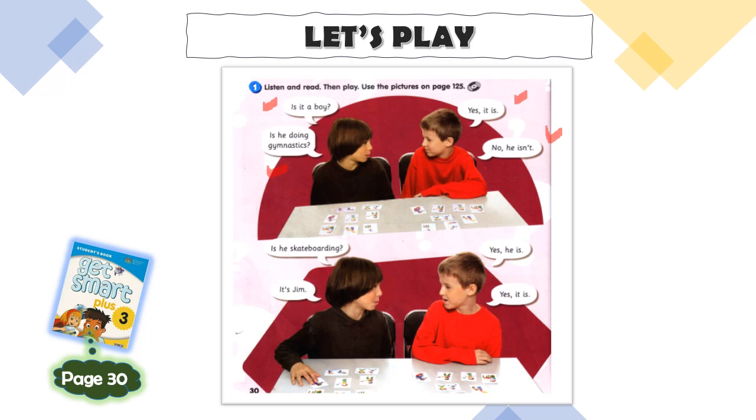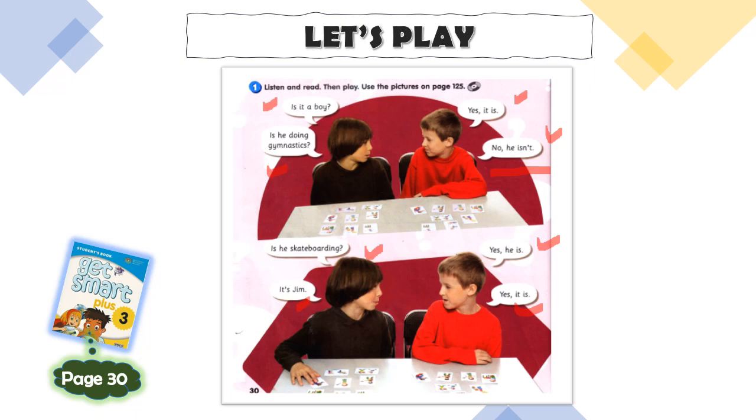Okay, what about this one? Let's read. Is he skateboarding? Okay, the reply will be yes, he is. It's Jim. Yes, he is. Okay, for negative answer, I want you to add one more thing.